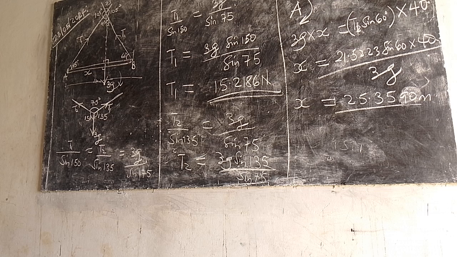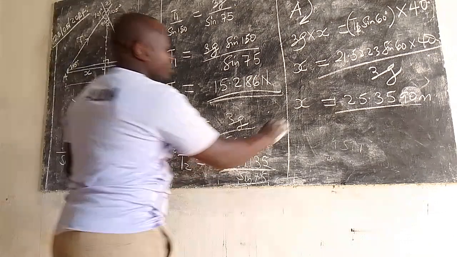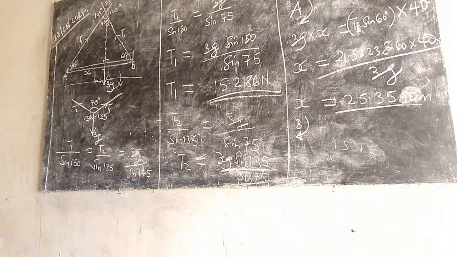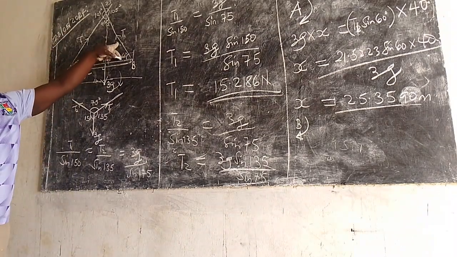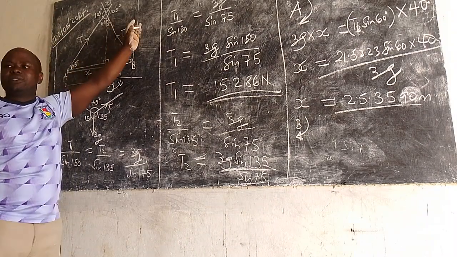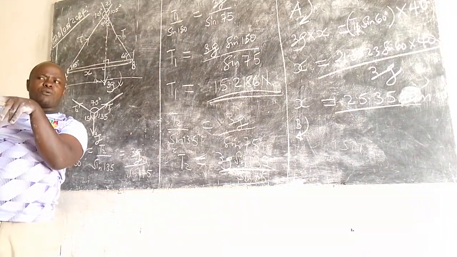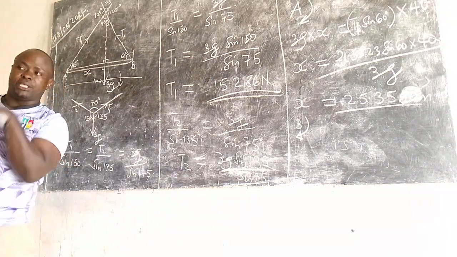Then, can I now take moments at point B? If I take moments at point B, of course now T2 will be nullified. Because the perpendicular distance with which T2 has to move from point B to point B is 0.